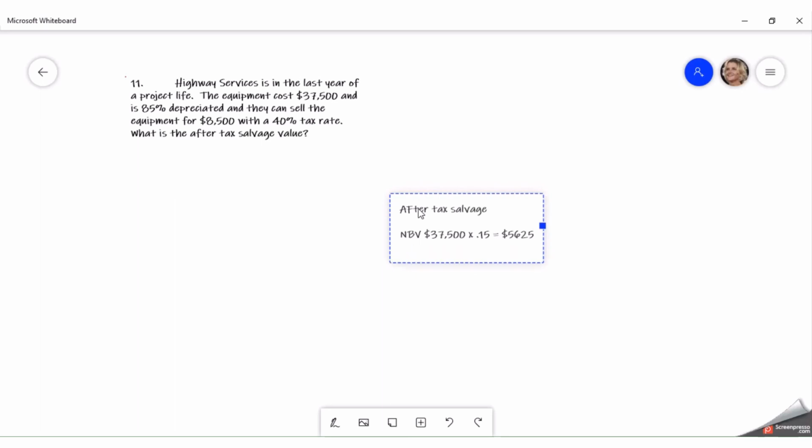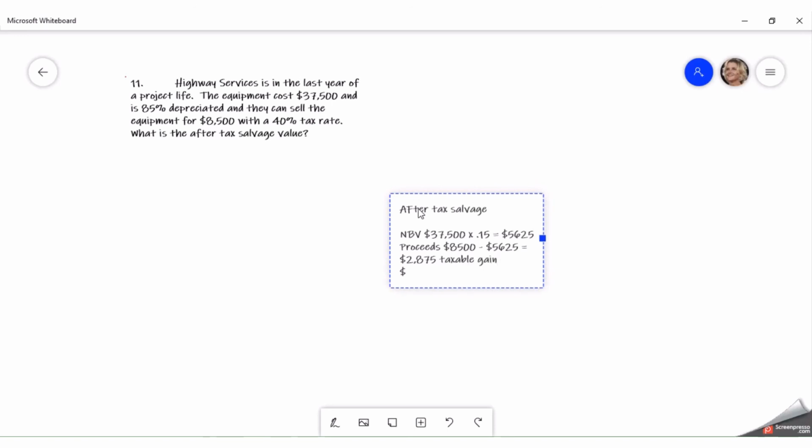Okay, then we compare that to our proceeds. So our proceeds are $8,500. If we have a book value of $5,625, that gives us $2,875 as a taxable gain.